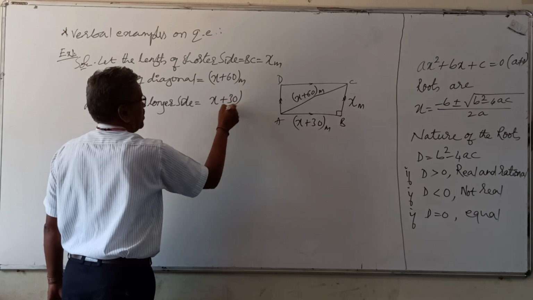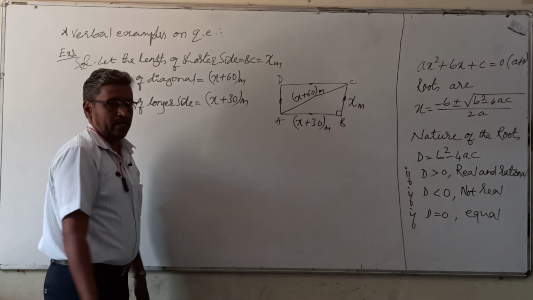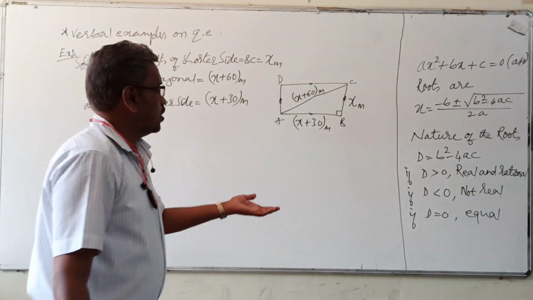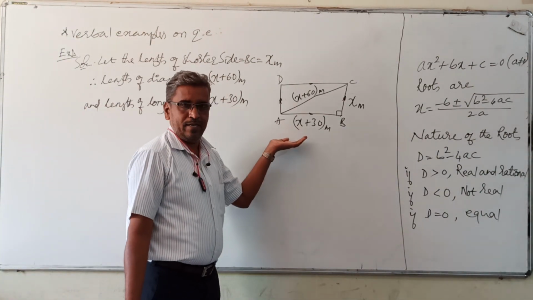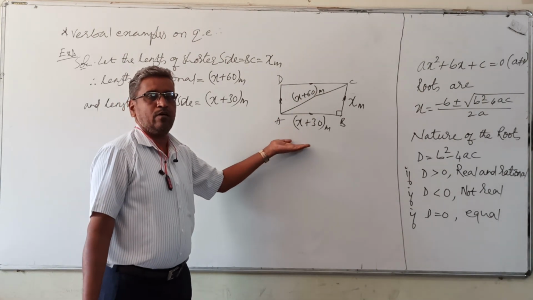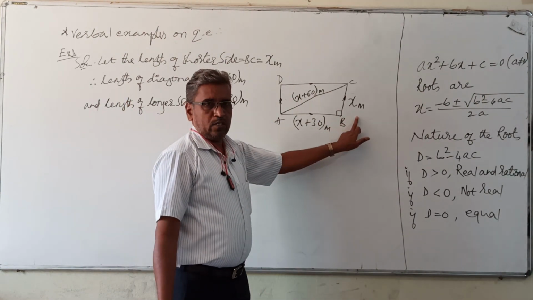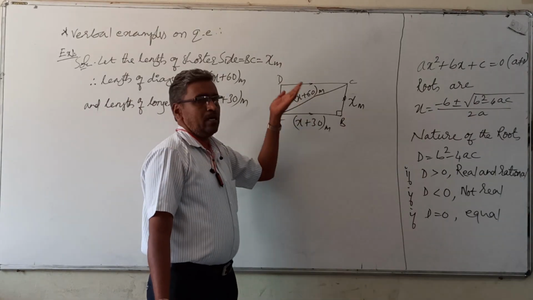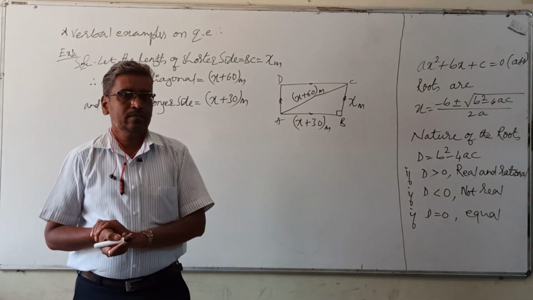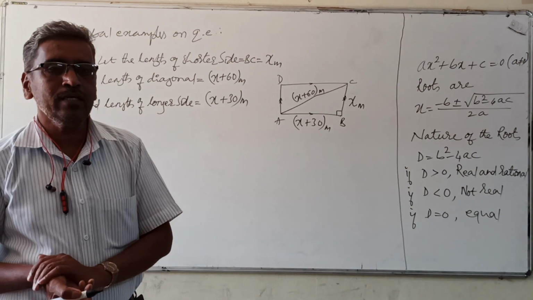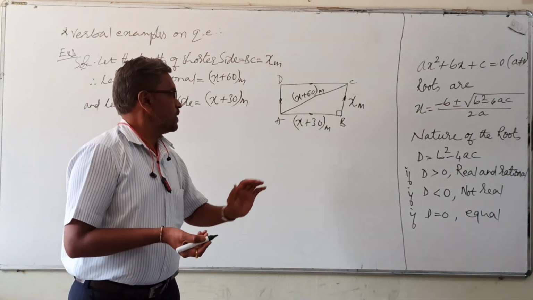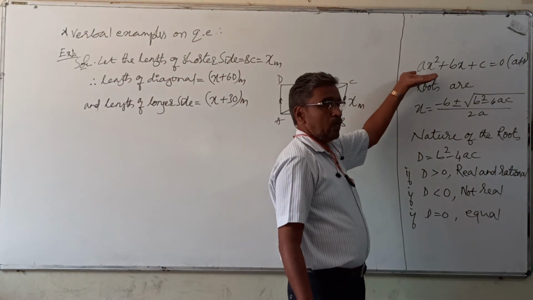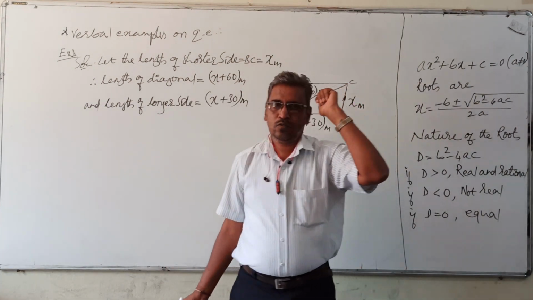So according to the example, the field diagram gives an idea. ABCD is the rectangular field, BC is the shorter side, AB is the longer side, AC is the diagonal. Yes. So now our work is to put that relation in the form of the standard form of a quadratic equation.